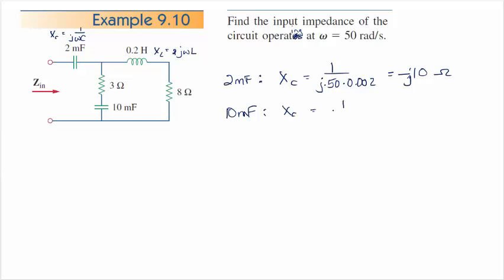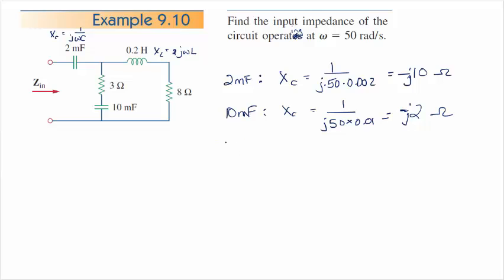X sub C equals 1 over j times 50 times 10 millifarads. Calculate it. Minus j2 ohms.